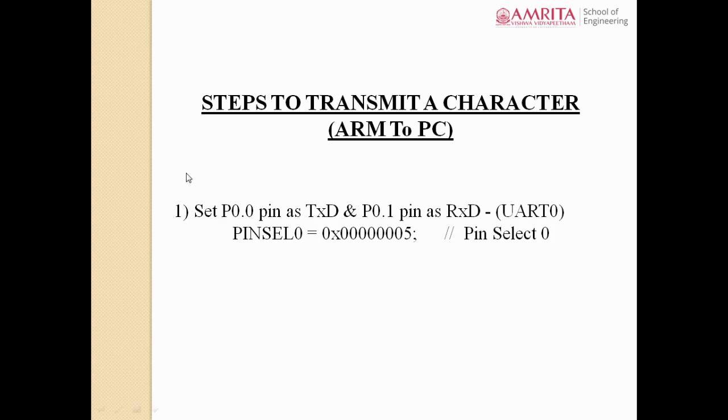How will you do that? Since you are going to configure the functionality of port 0 pins, you are going to use the PINSEL0 register. For configuring port 0 pins, you have PINSEL0 and PINSEL1. But now we are using only PINSEL0. Why? PINSEL0 is used for configuring the functionality of pins from P0.0 to P0.15.